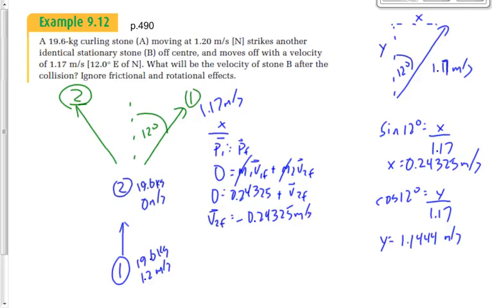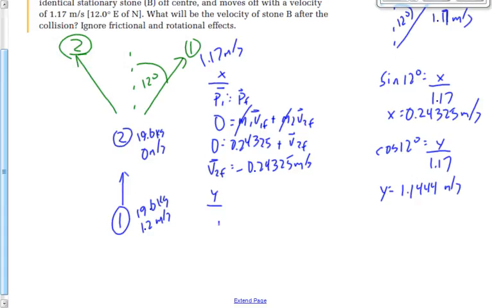So deal with y's. Let's deal with the y component now. Pi is equal to pf, of course. This time we can't cross off object number 1, m1 v1i. We can cross off object number 2 because it's at rest. Equals m1 v1f plus m2 v2f. Masses cancel. Again, like it when that happens. Not because it makes it easier, but just because it makes it a little bit less work.